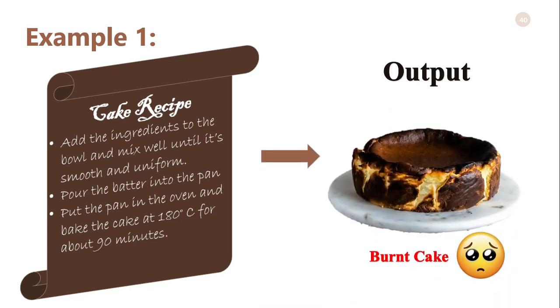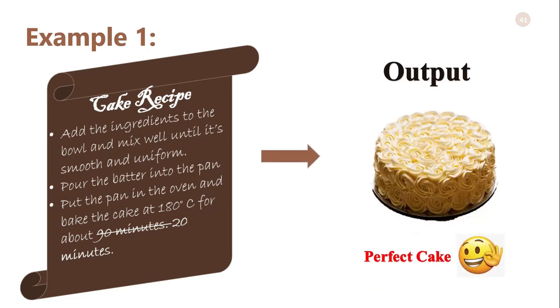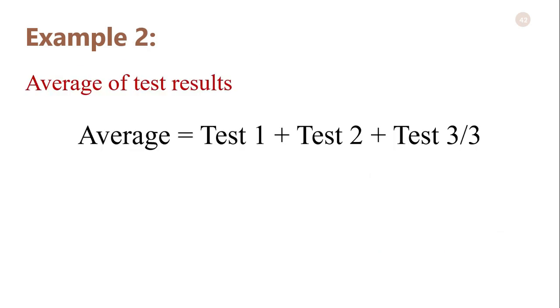This is not the expected output. So what is the wrong logic here? Here it is. You have to correct the last step to: put the pan in the oven and bake the cake at 180 Celsius for about 20 minutes, not for 90 minutes. And this will give you the correct output, a perfect cake.